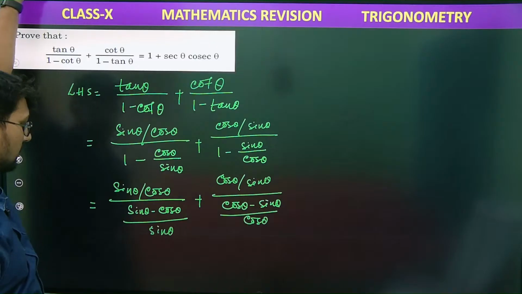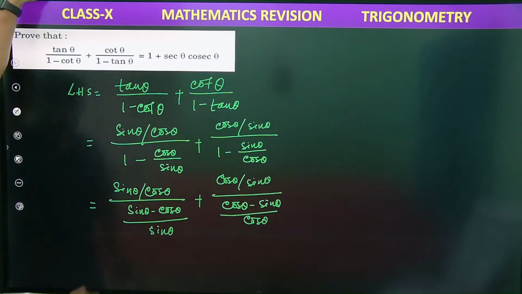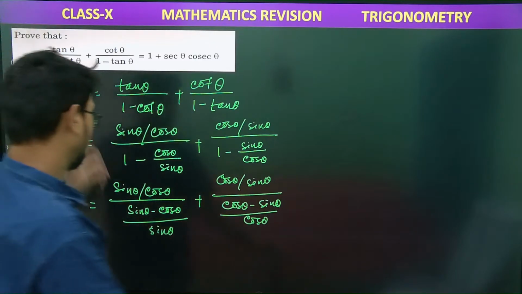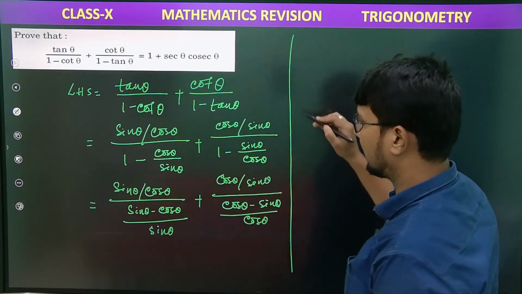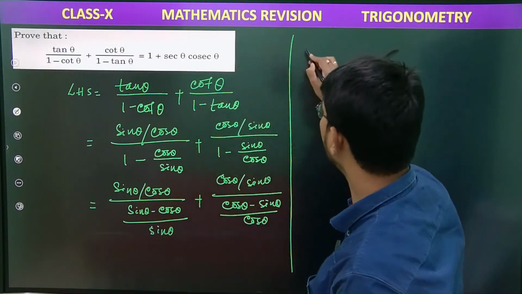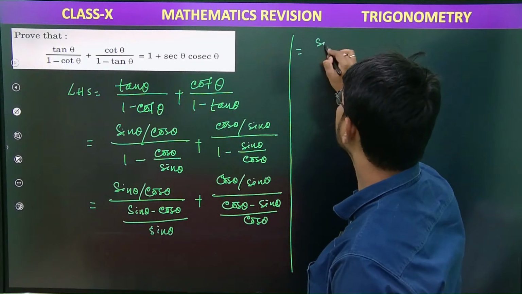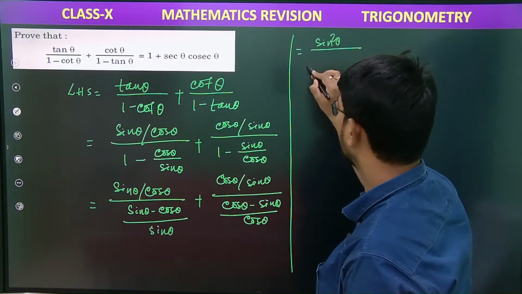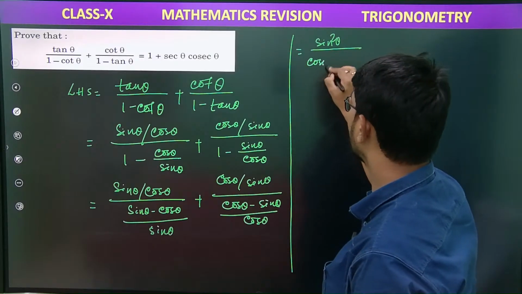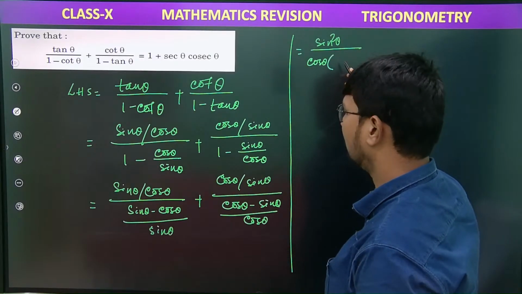Okay, everyone, clear now? So what will we get from here? Sine will be multiplied. It will become sin squared theta by cos theta. It is one of the important questions, right? I think you have solved it many times.